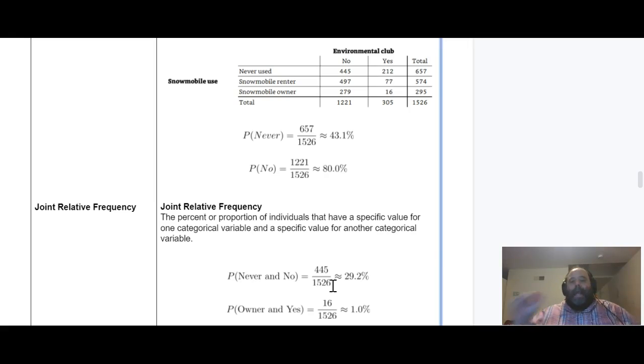So this is an and situation. You're getting a joint frequency. It's the joint conjunction of these two categories, which gives me 29.2%. Similarly, I can go for the owner, somebody who is a snowmobile owner and also a member of the environmental club, which is 16 out of the 1526. So that's about 1% of the whole. All right, so not too bad there.